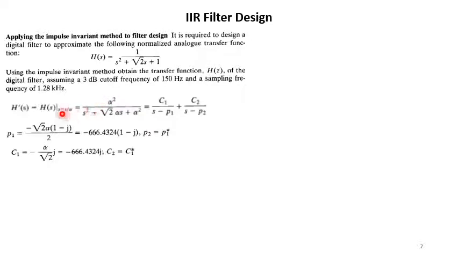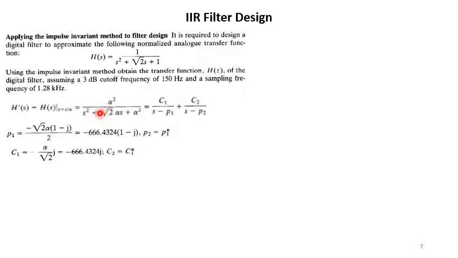So replacing S by S over alpha, it will be 1 over S squared over alpha squared plus square root of 2 S over alpha plus 1.